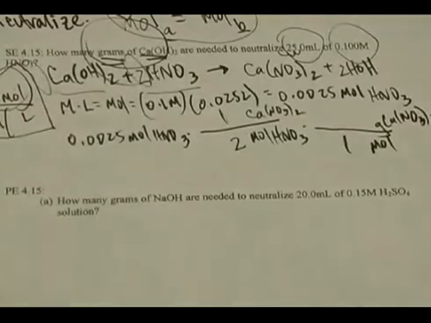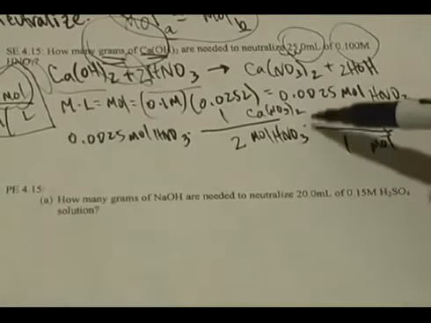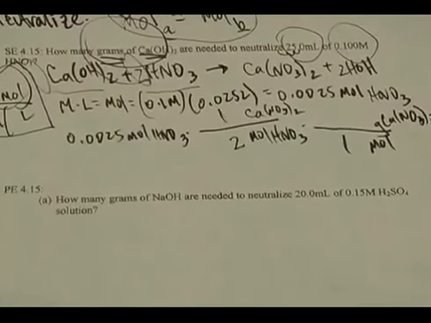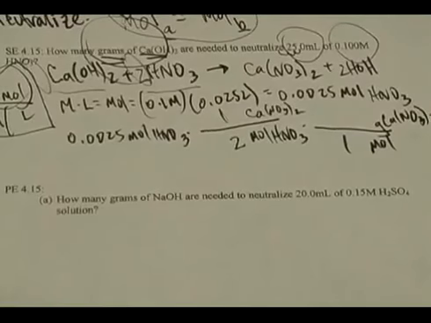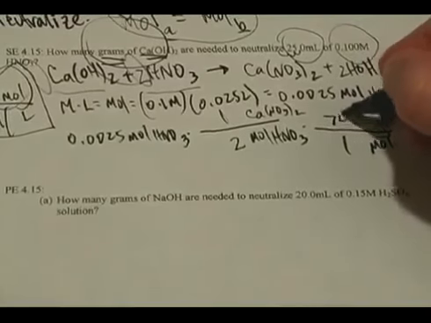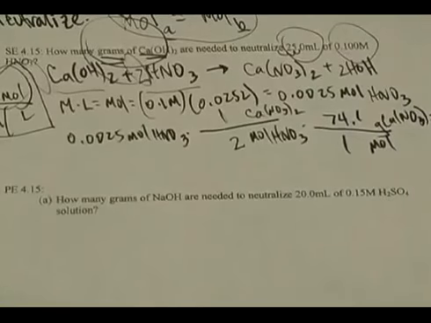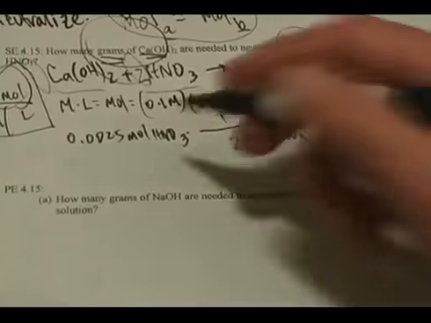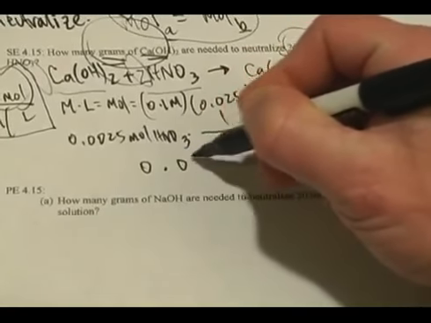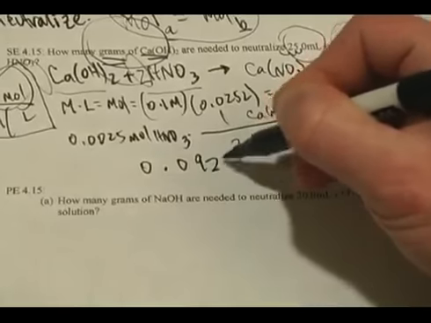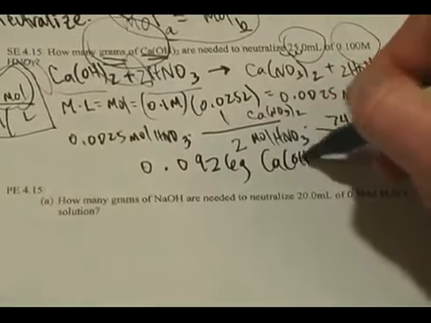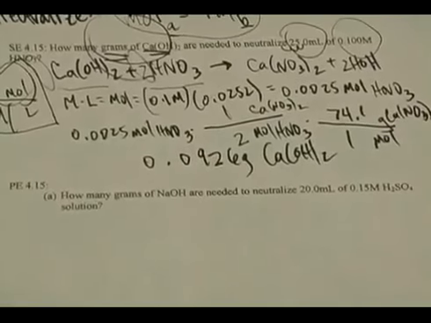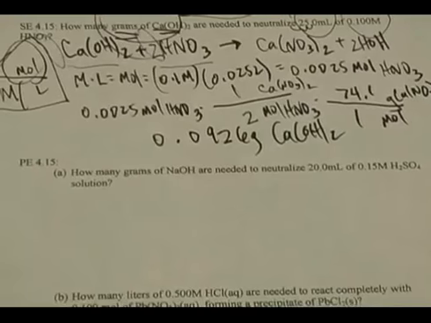And if I look at the formula, notice it's Ca(NO3)2, so there's 2 of those nitrates here. And if I add those guys up really quick, I find out that there's 74.1 grams in 1 mole. And notice my 1 to 2 ratio, and when I multiply those guys together, I end up with 0.0926 grams of calcium hydroxide that would be needed to neutralize, or we could also say reach the equivalence point, if we wanted to use the fancy new word that we learned.